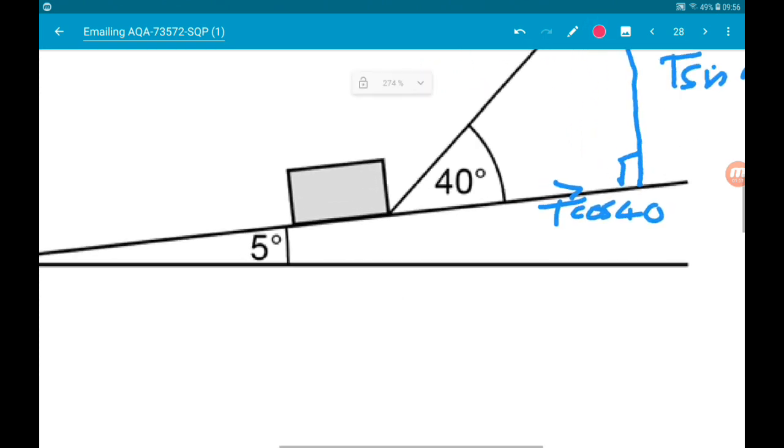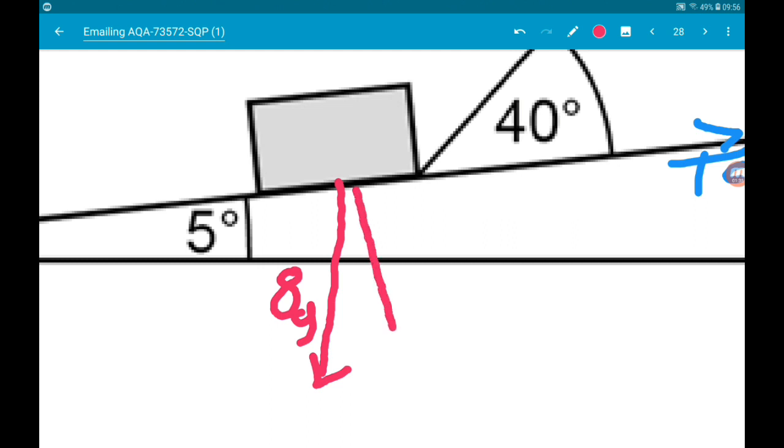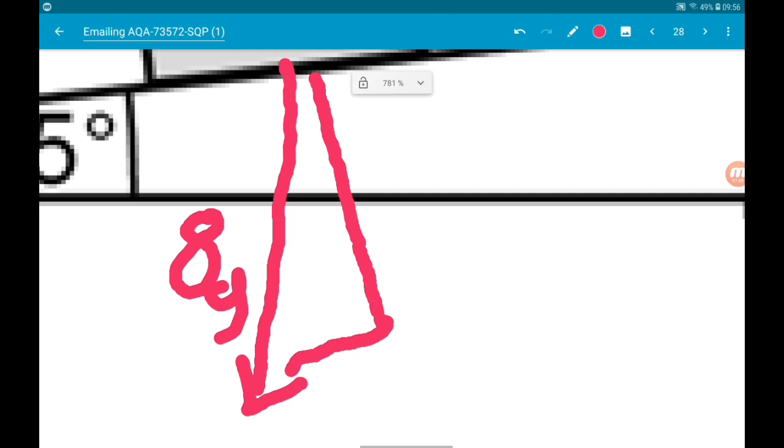Now we've got weight working straight down. So we know that that is 8g. Now what we can do from this is make ourselves a little right angled triangle. So if we draw a line perpendicular to the board, like that, and then across like that, we've made ourselves this little right angle triangle.